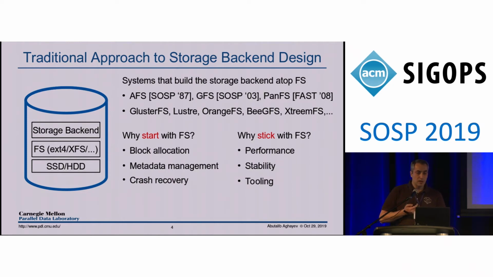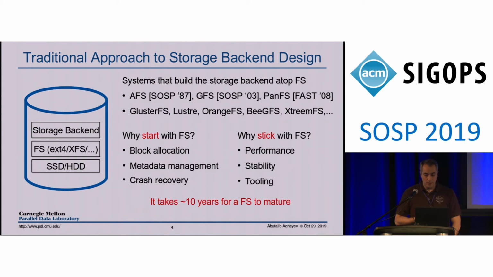However, based on our conversations with many developers, the primary reason they stick with file systems is that building a custom backend is similar to building a new file system, and most current file systems have taken a decade to mature.